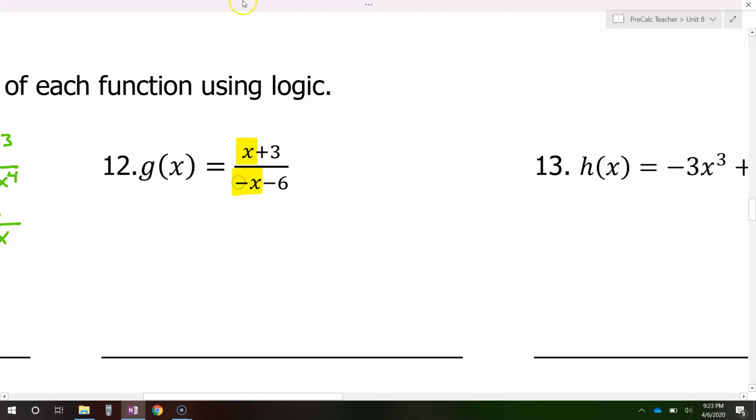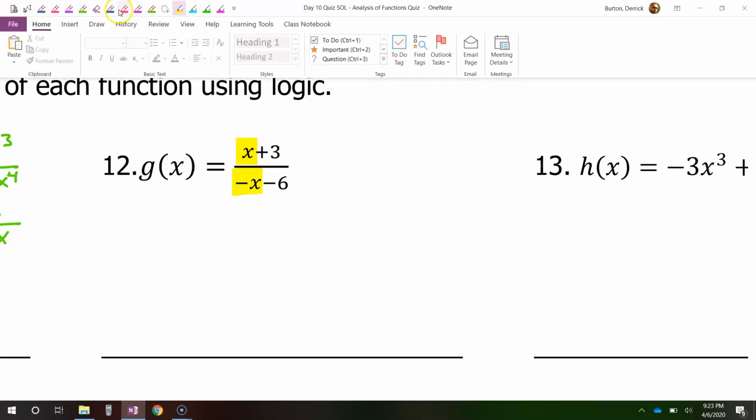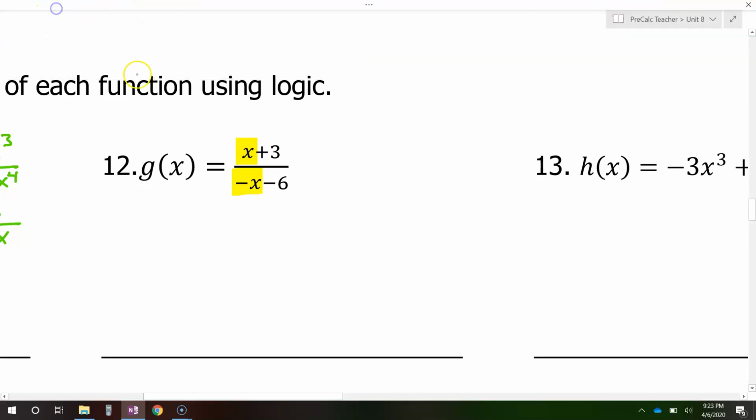So ultimately the function is going to get closer and closer to being just x over negative x.